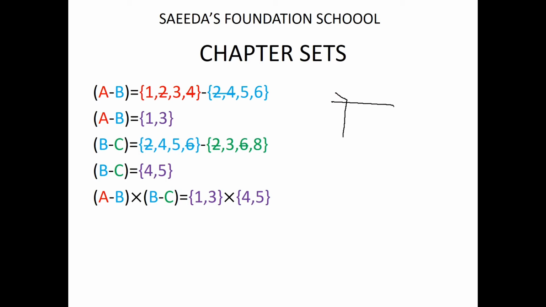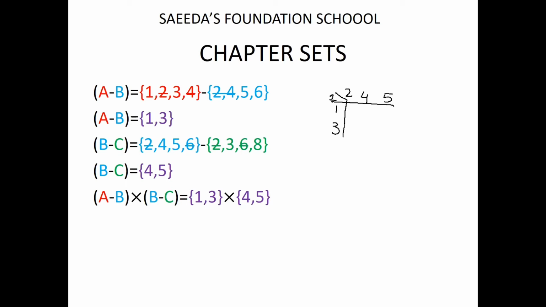A grid sort of. The elements of the first set we'll write down over here, 1 and 3. The elements of the second set we are going to write down over here, 4 and 5.